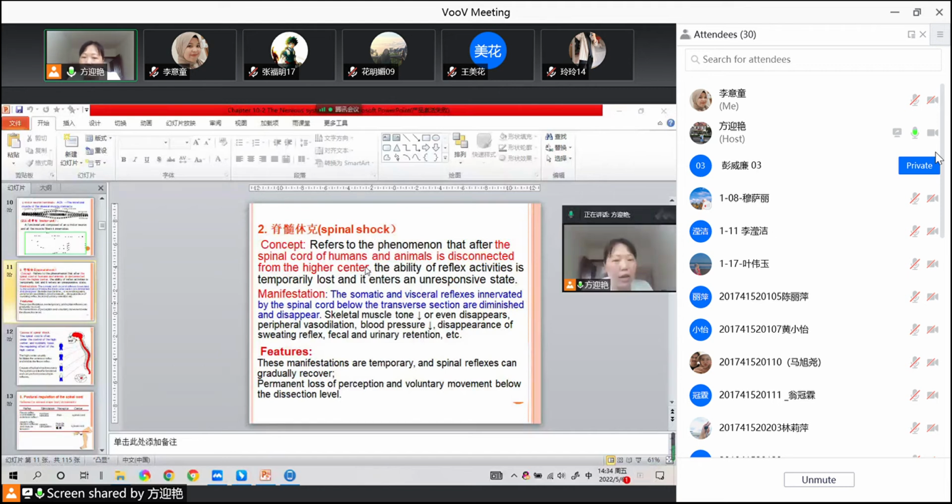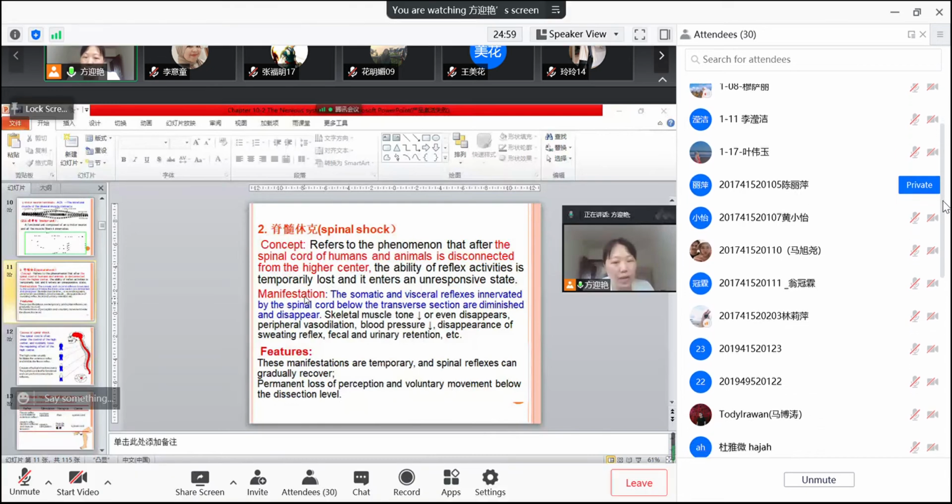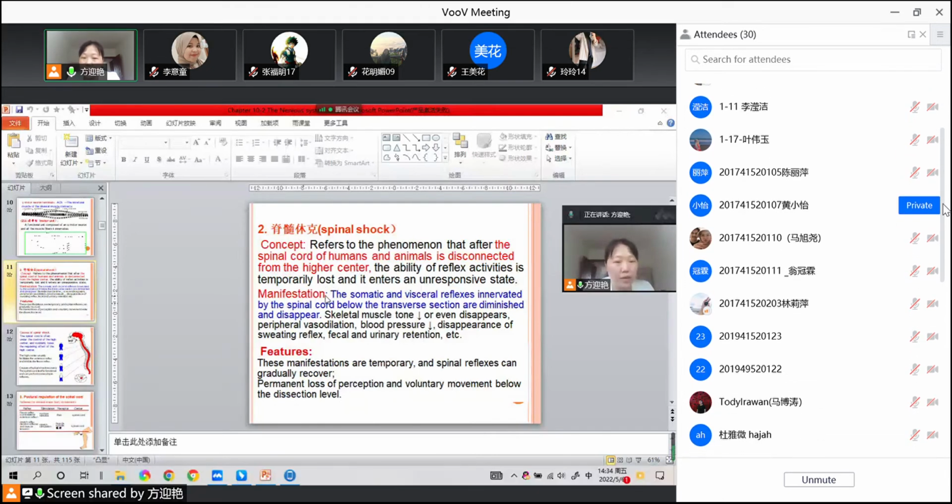I hope you understand the concept and its manifestations. The spinal cord's own function disappears temporarily, but the spinal cord functions can recover. Then we can study the spinal cord function in these recovered animals.